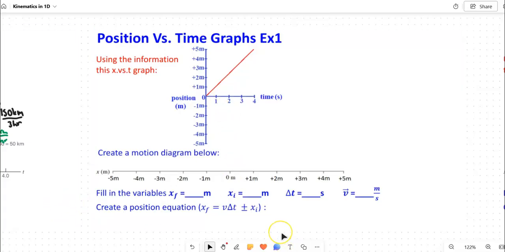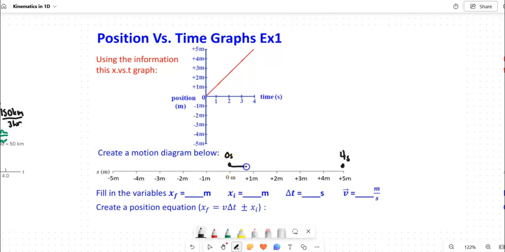Okay, so let's do this together. All right. So it looks like at the 0-second mark, it starts out here at 0 meters. So this is the initial position. And it looks like it gets to a position of positive 5 meters at the 4-second mark.